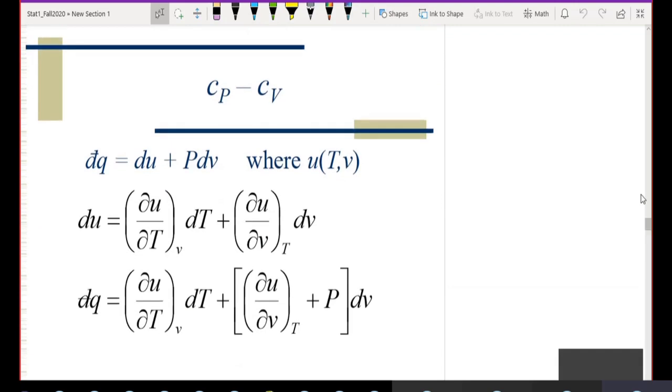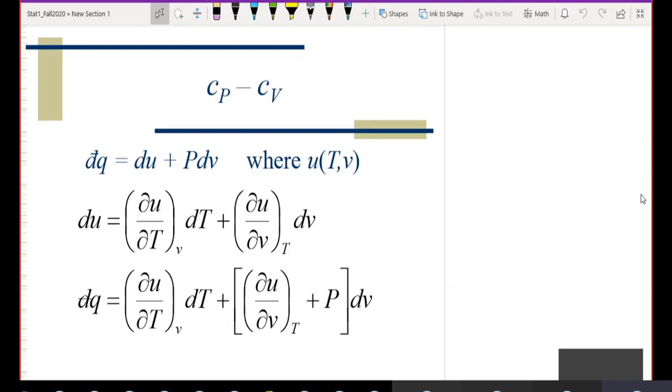So now we move on to calculate Cp minus Cv. What is the molar difference between these two? And for that, we will use the first law of thermodynamics. dq is equal to du plus p dv. But there is a word of caution: I am using here a small u, small q and small v, which means that we have divided.